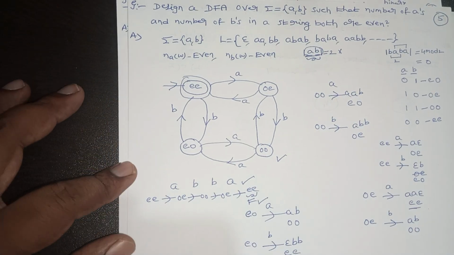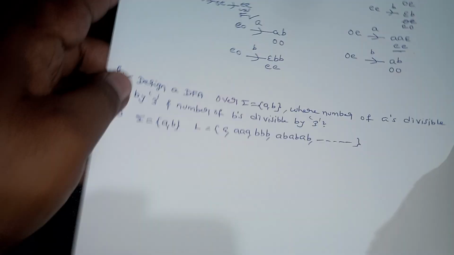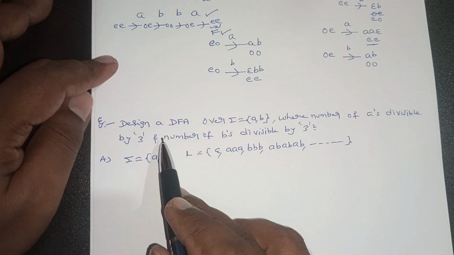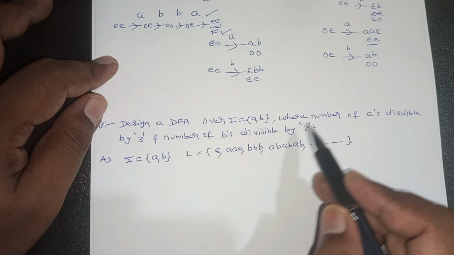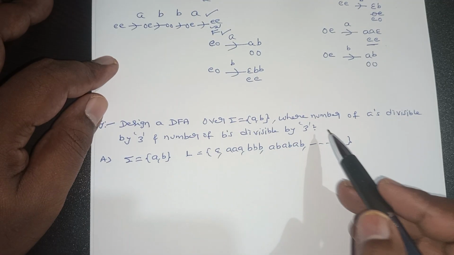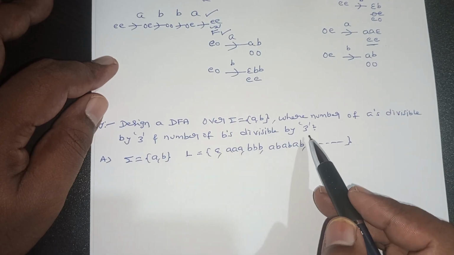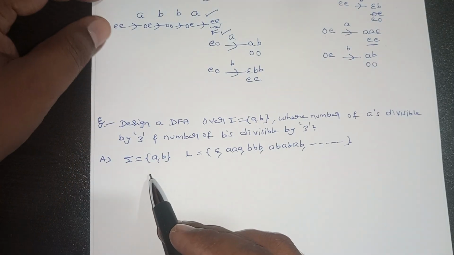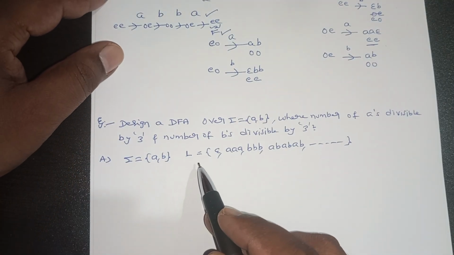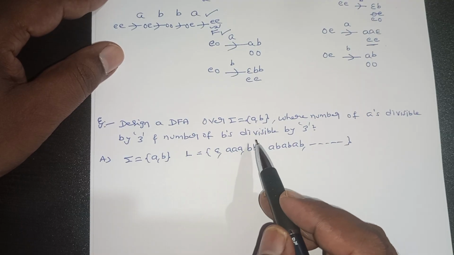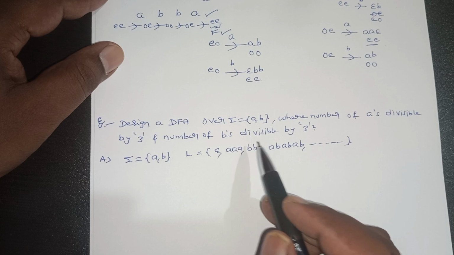Now take one more example. It is an extension to the previous one. Design a DFA over sigma equal to A comma B, where the number of A's is divisible by 3 and the number of B's is divisible by 3. First, take sigma equal to A comma B. What they are saying is, the number of A's or B's is divisible by 3.